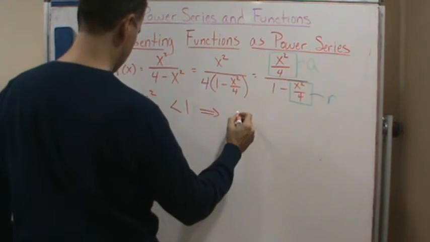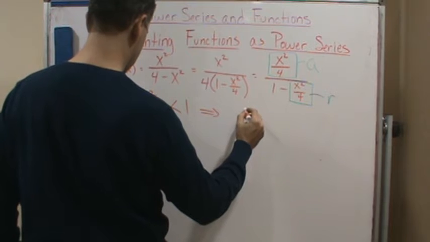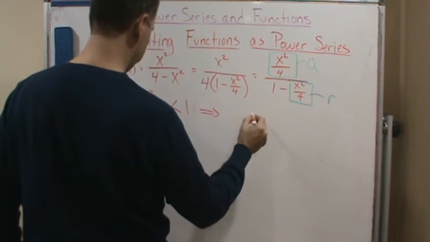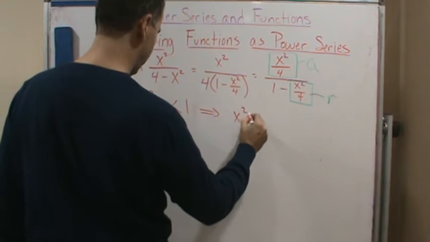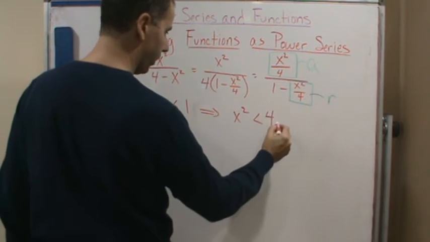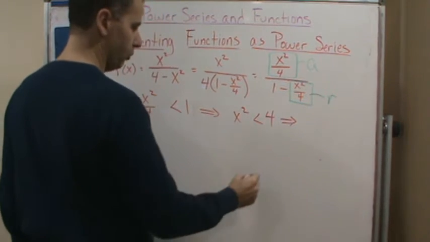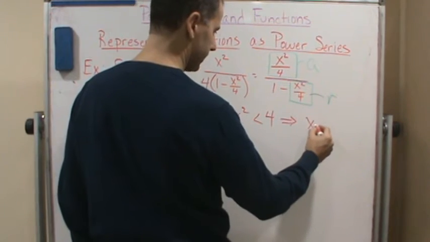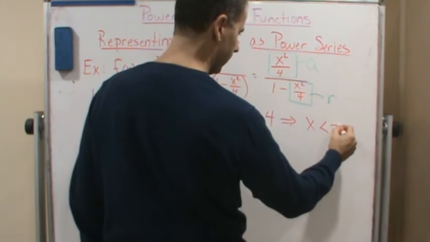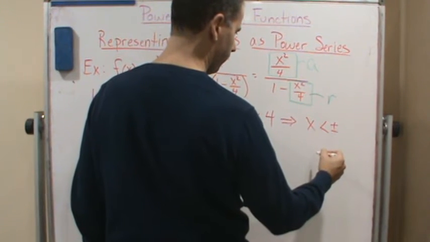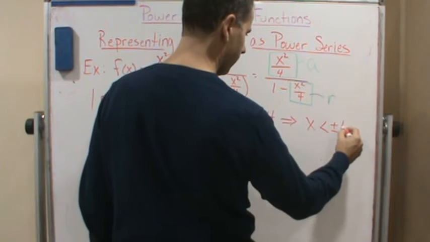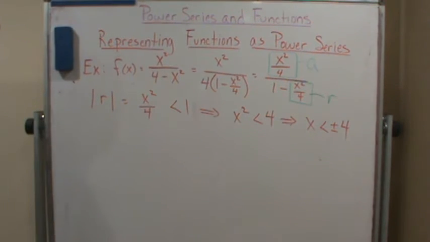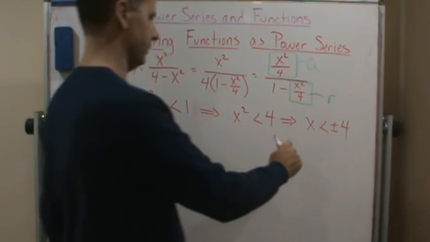Which means that x squared is less than 4, which means x is going to be plus or minus, oops, I'm sorry, 2.